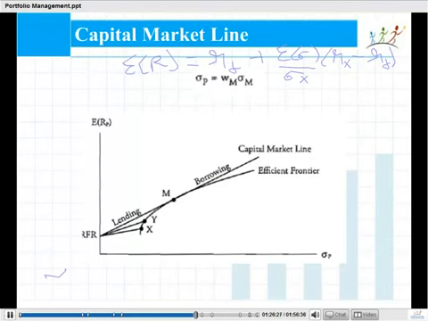You understand that this line passing through the tangency portfolio is giving me the best combination of risk and return.